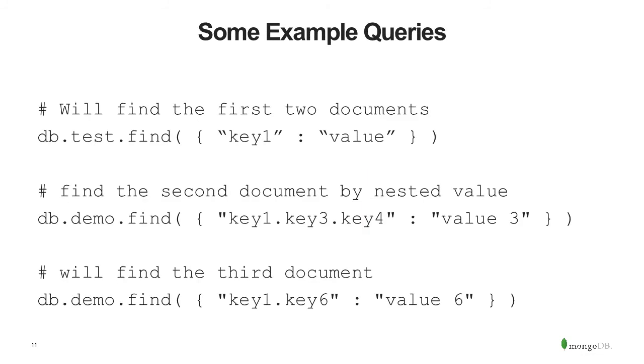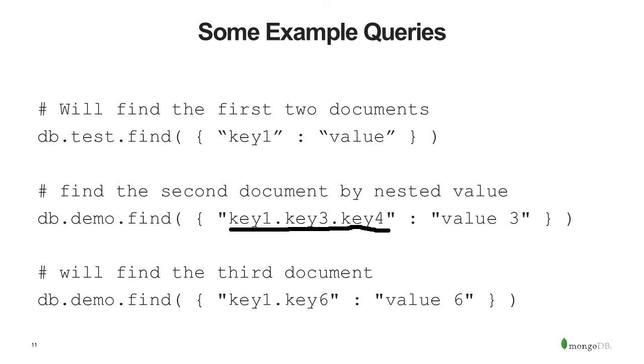Now, if we want to find the second document, we have to use this dot notation. And this dot notation effectively says reach down into the substructure of the document. So this dot notation here, you see, key1.key3.key4. That's effectively saying reach down into the document structure and find the value of key 4 that is equal to value 3.